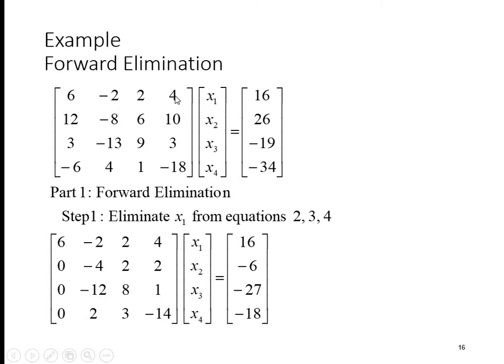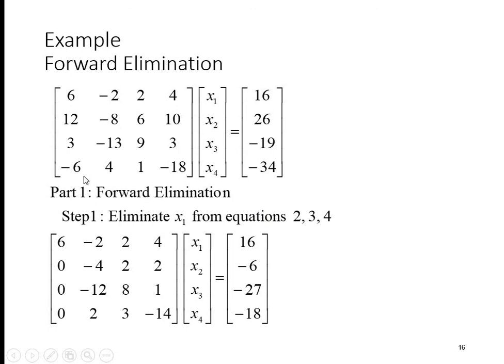This one, dividing by minus 2, gives minus 2 plus 3, so this will give me 1. Then 16 divided by minus 2 is minus 8, so minus 19 minus 8 is minus 27. So we managed to sort out equation 3.